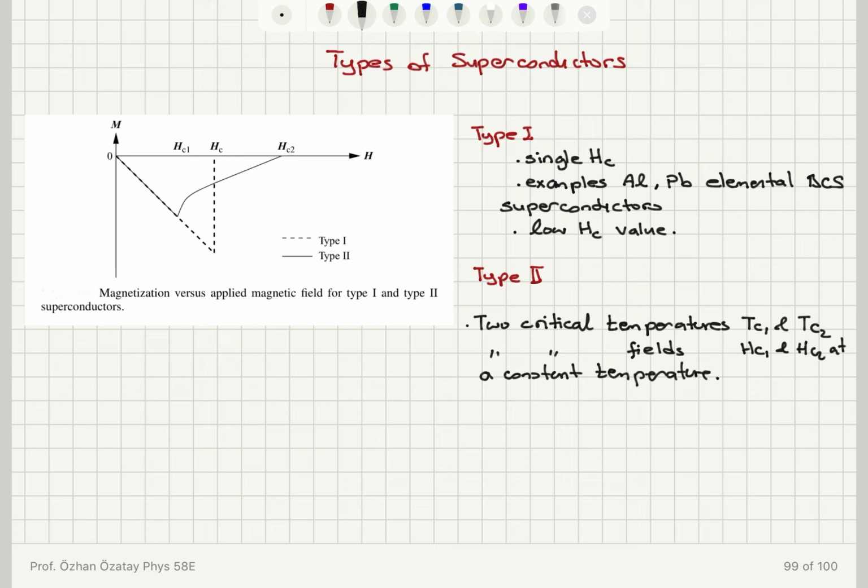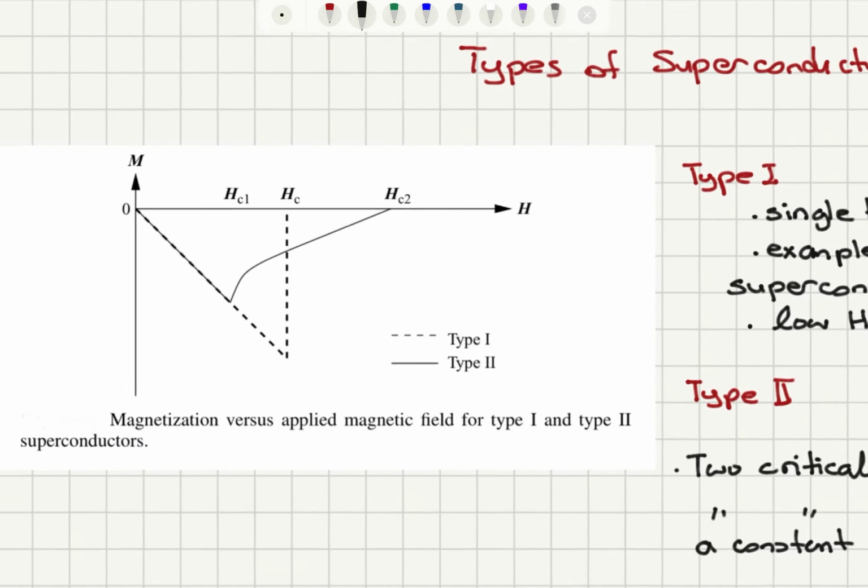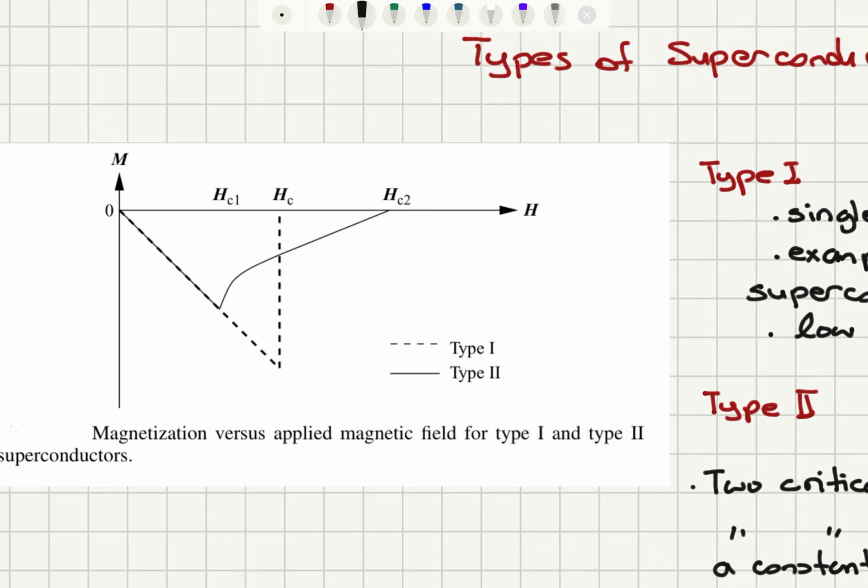So you can see the magnetization versus field plot for type 1 and type 2 superconductor. The dotted line is the type 1 superconductor. So you can see there exists a single critical field. Now for a type 2 superconductor, we have two critical fields, one HC1, the other one is HC2, and we can divide this into regions.